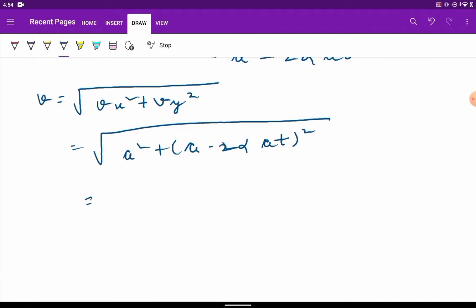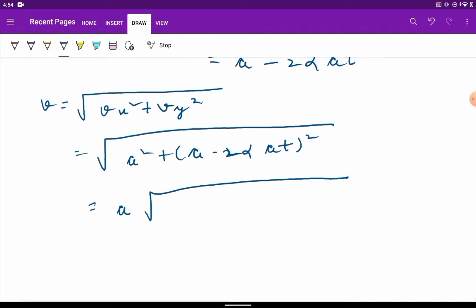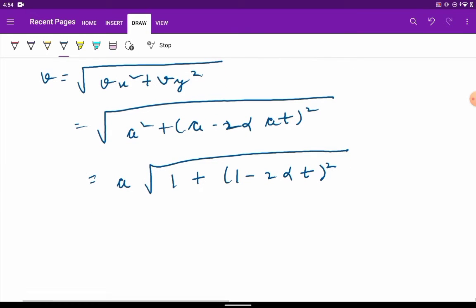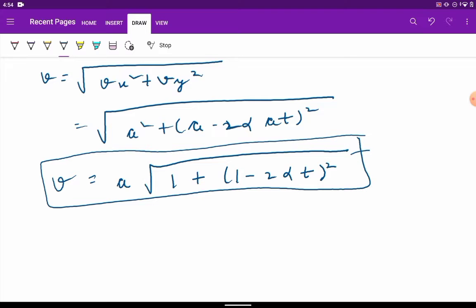We can take a out, so it becomes a times root over 1 plus 1 minus 2 alpha t whole square. This is your v.